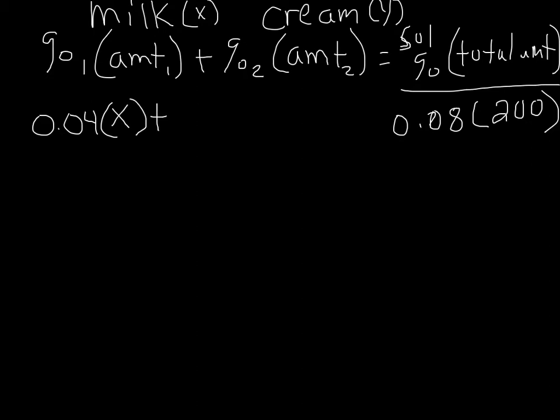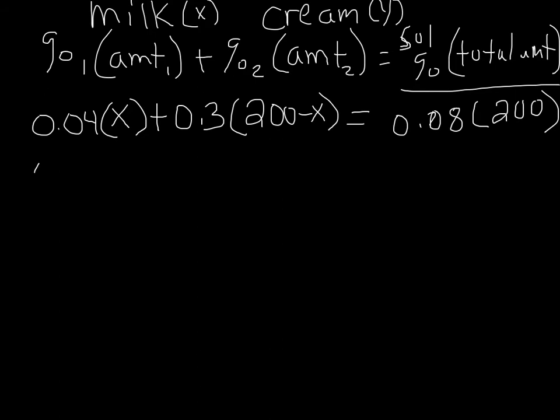And then think about your percentage of the second. We know that the cream was 30%. And I had solved that for y, and we said that that was equal to 200 minus x. So I'm plugging that in here. This way, everything is all in terms of one variable instead of two, which is really great. So now you simply solve this.